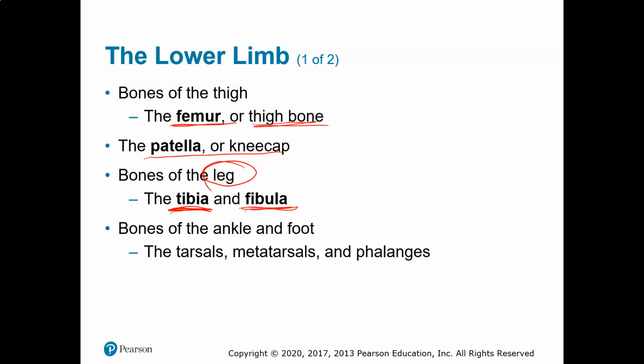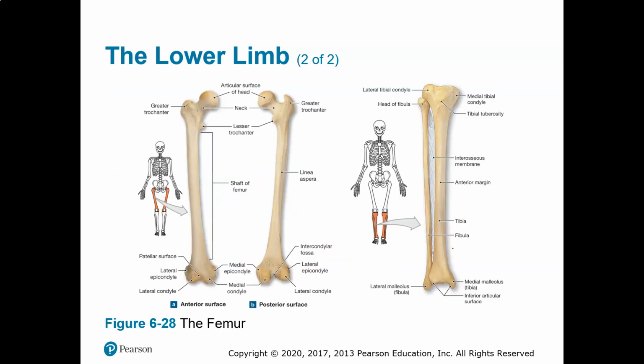The tibia would be medial to the fibula. And then you have the tarsals, which are the ankle bones, the metatarsals, and the phalanges, kind of like with the hands.